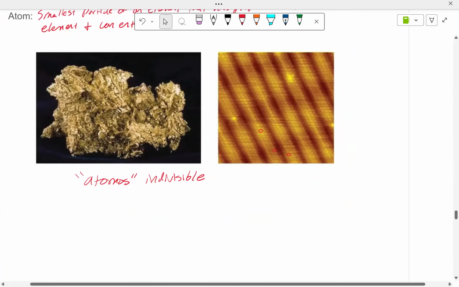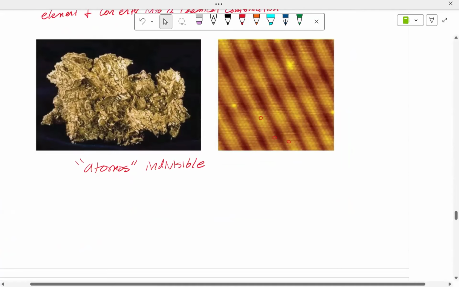And to give you an idea of just how small an atom is, I want you to envision this. One of the smallest things that we can see with our eye is a single strand of a spider's web. One of the atoms that makes up a spider's web is carbon. Carbon is very prevalent in that.